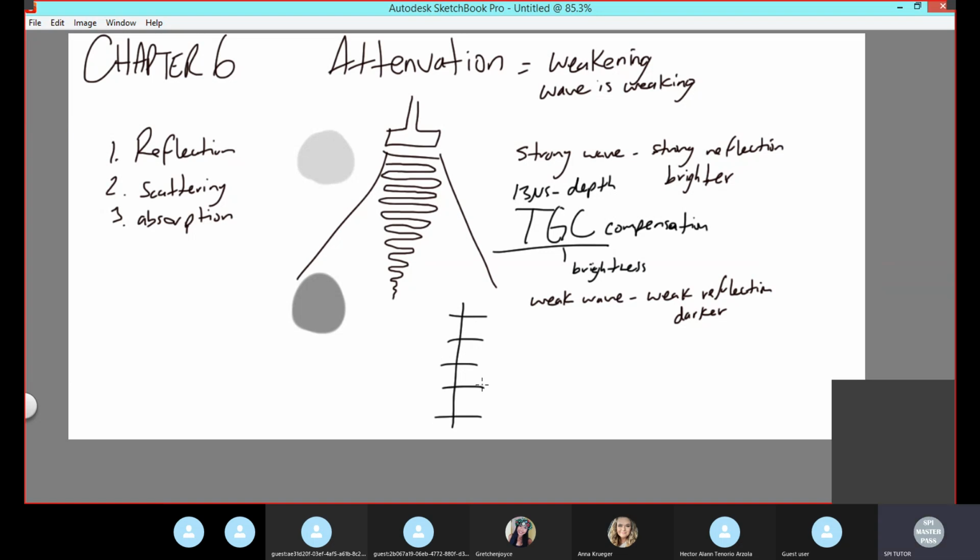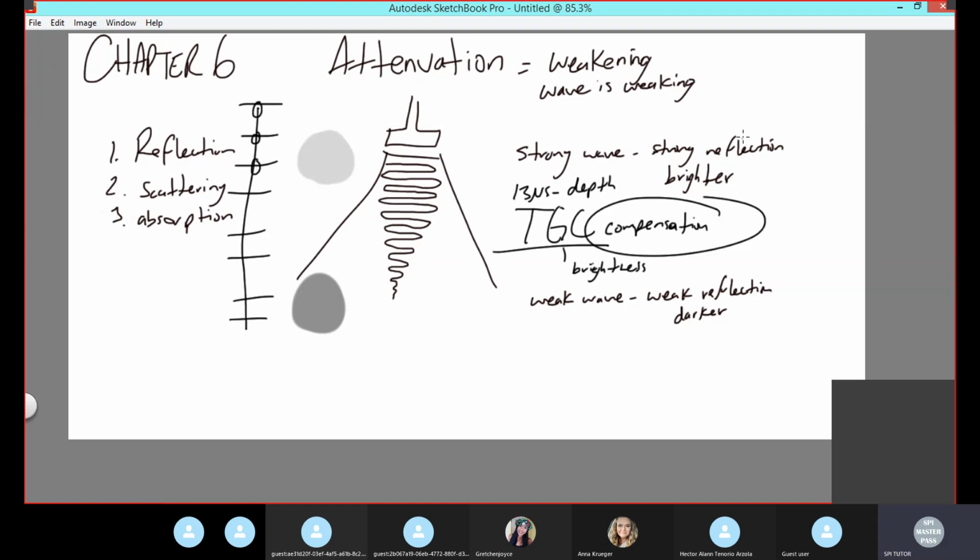Actually, I shouldn't draw it there. I should draw it next to here. You have this TGC curve here, and you'll notice that you don't really adjust the near field, because the near field does not need any compensation. It didn't lose anything. Why would you need to help it out? But as you go deeper into the body, the wave is experiencing more and more attenuation, so you give it more and more help.